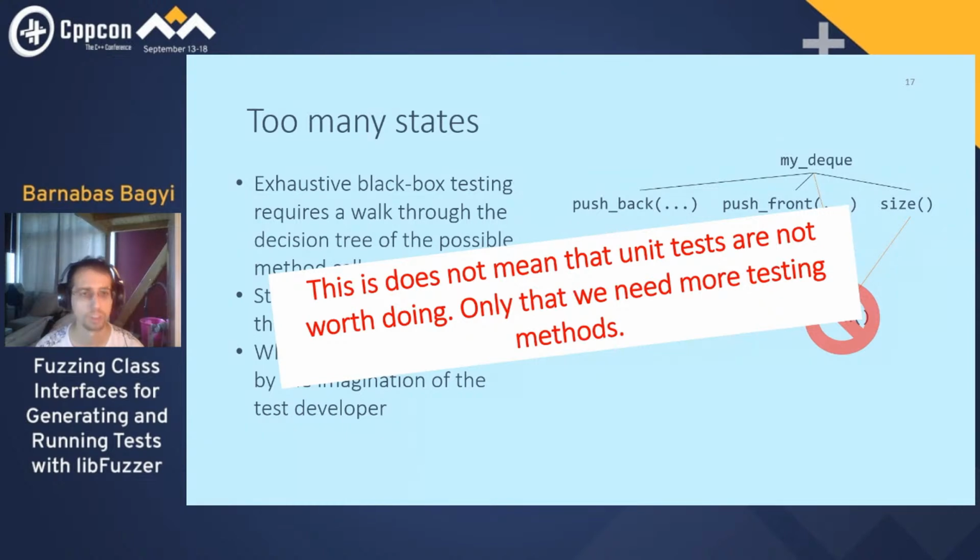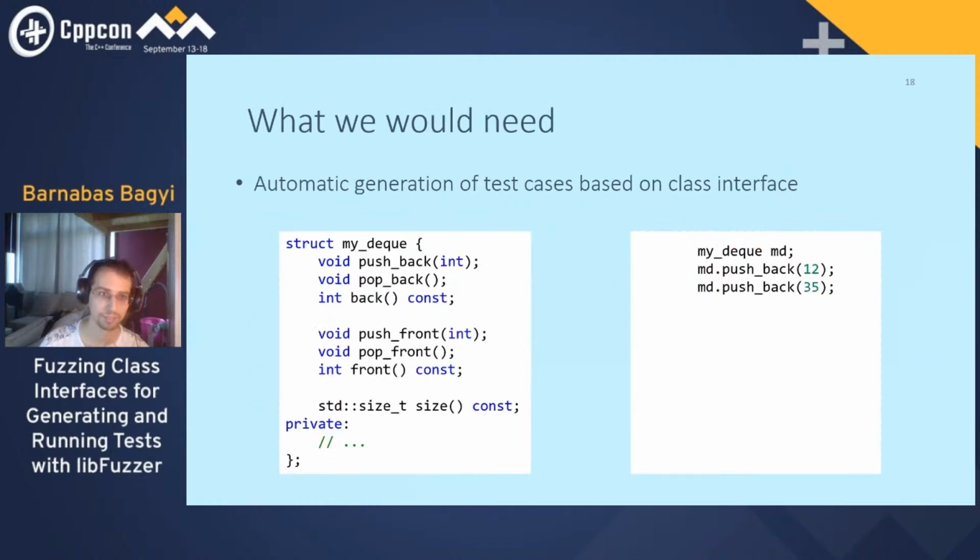And of course, disclaimer, let me please mention again that I'm not trying to say that unit tests are not worth doing. I'm saying that we would need to supplement them with something. Now, what we would need is something to combat the exponential growth that we face.